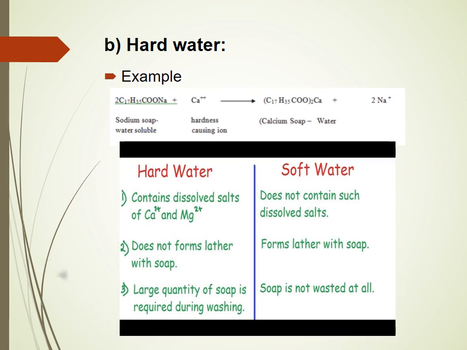So you are observing here in this reaction, when you mix hard water, that is, water which contains calcium and magnesium ions, with soap, it produces the soap solution along with the precipitate or the scum, that is the sticky precipitate.